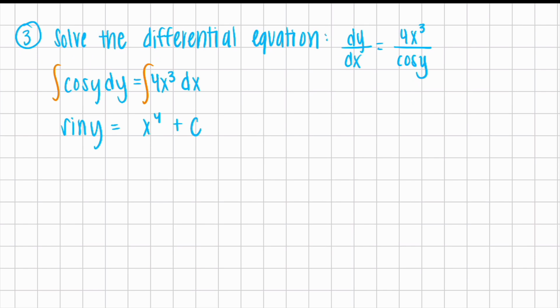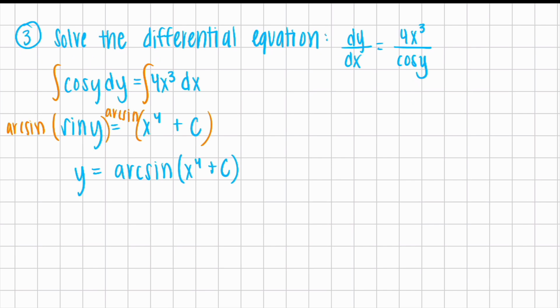To solve for y, I'm going to do inverse sine on both sides, or arcsine, however you want to write it is totally fine. So on the left side, we're left with y equals, on the right side, arcsine of x to the 4th plus c. And there is our answer.